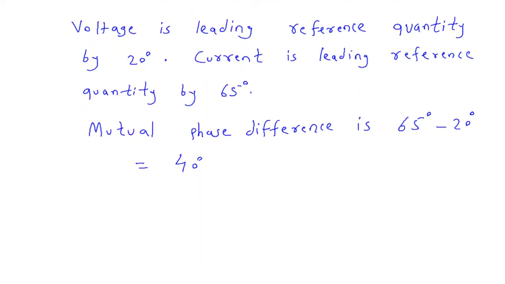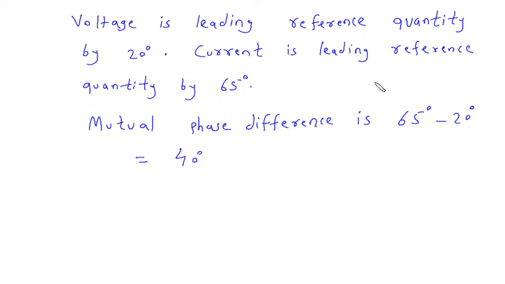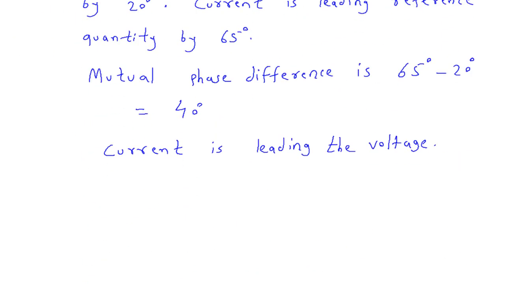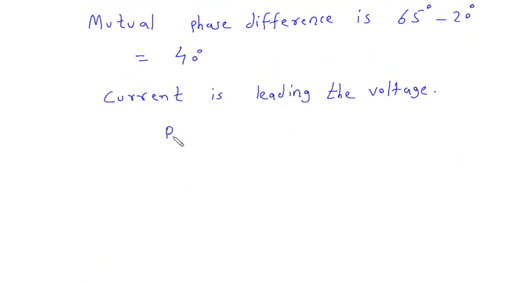So from here we can say that the current is leading the voltage. Now this happens in the case of an RC series circuit. So we can say that the circuit is an RC series circuit. From this we can find the power factor.